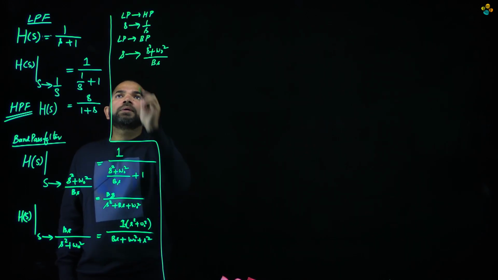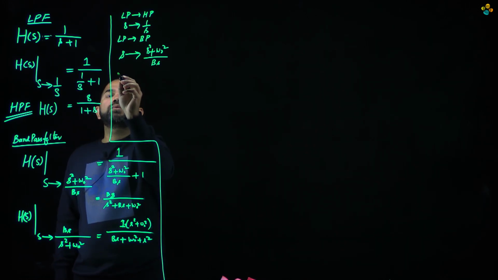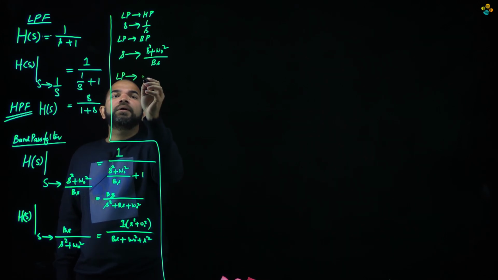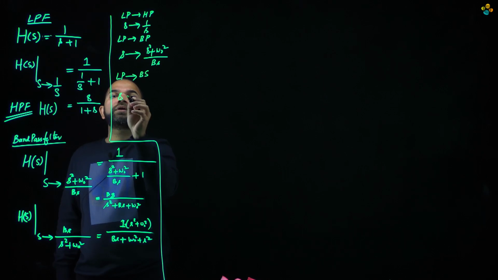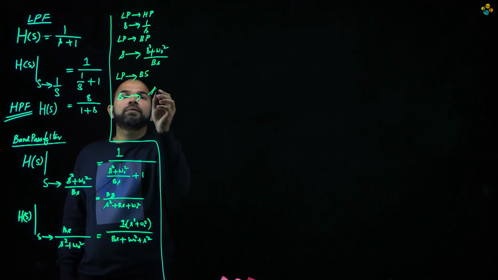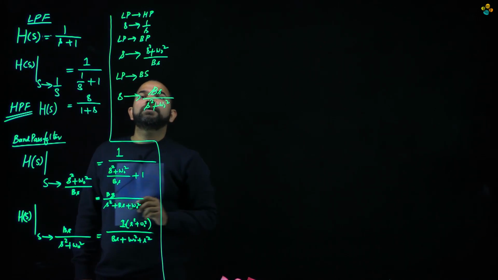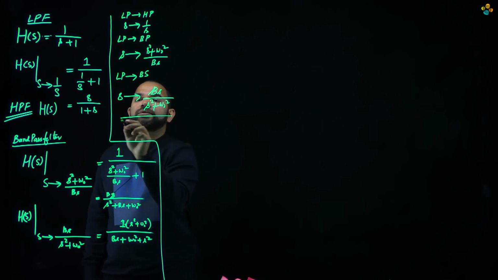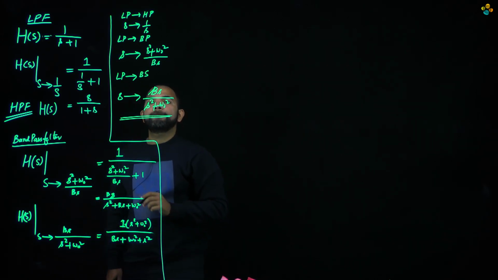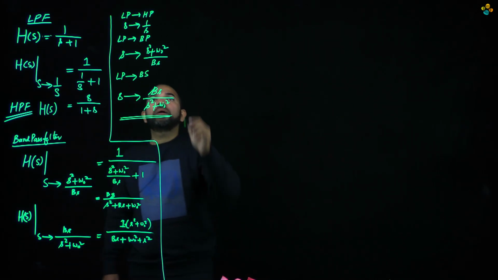Similarly, if we want to change a low pass filter to an equivalent band stop filter, we need to change S with something slightly opposite to the band pass filter, just opposite to that. So it will give you a band stop characteristic. Okay?